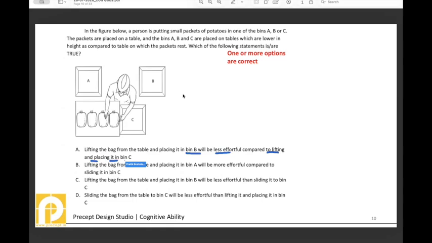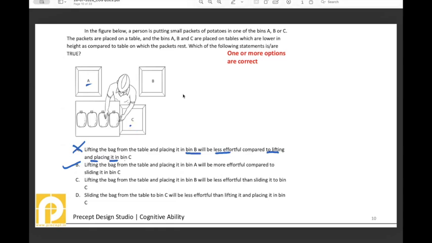No, in this case, A is wrong because C is right beside the person. So even if the person lifts and places it, lifting and placing it in C is far less effortful compared to B. So A is wrong. B says lifting the bag from the table and placing it in bin A is more effortful compared to sliding it in bin C. That is true because sliding it is less effortful because C is right beside it.